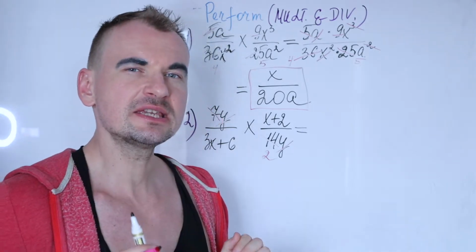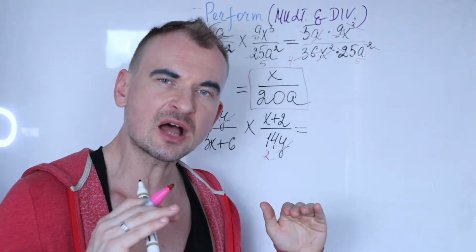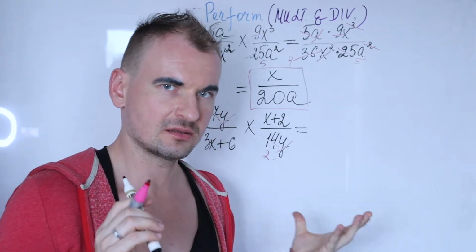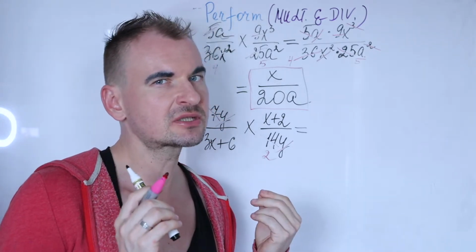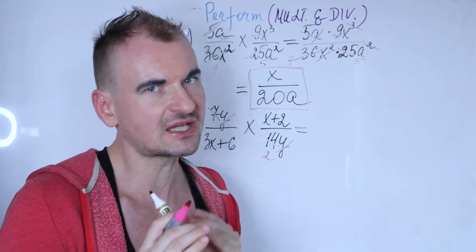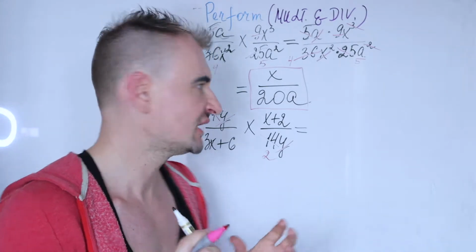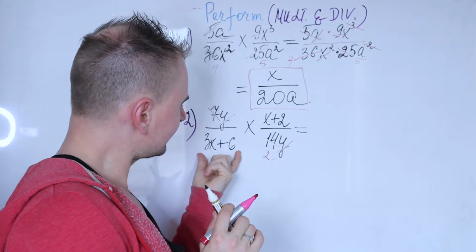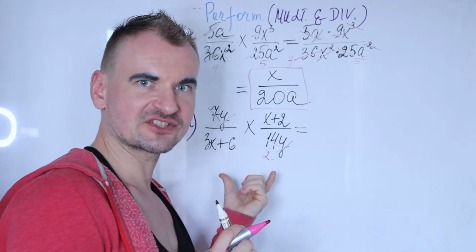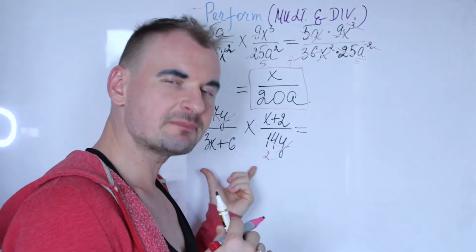Now, another thing is sometimes you need to factor your rational expression. You need to factor as much as you can, and after factoring, something might cancel. For this one, this is binomial 3x plus 6, but if you look at this carefully, it can be factored.